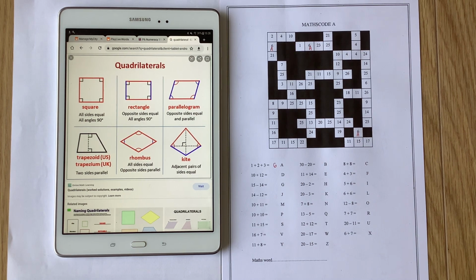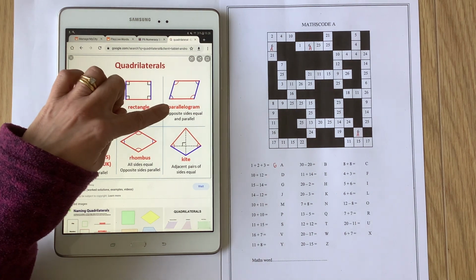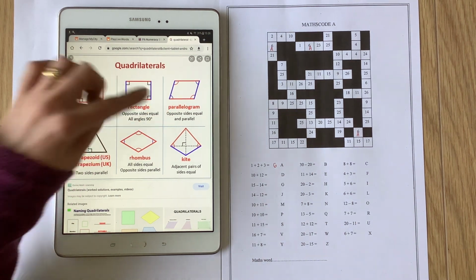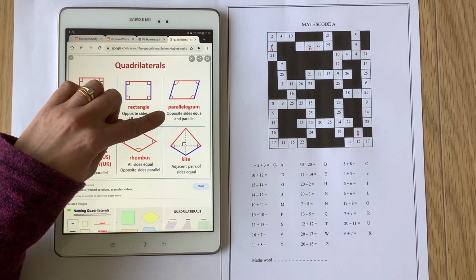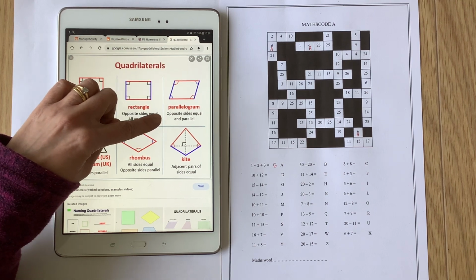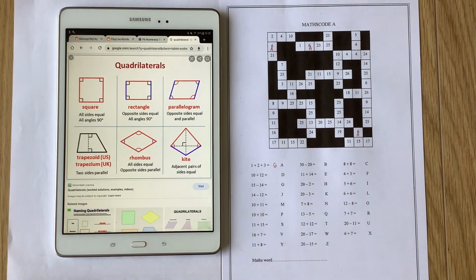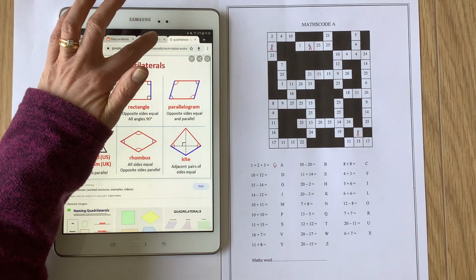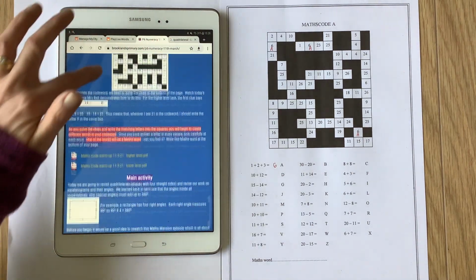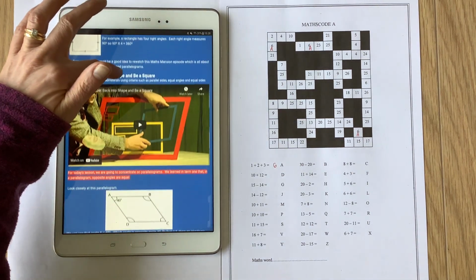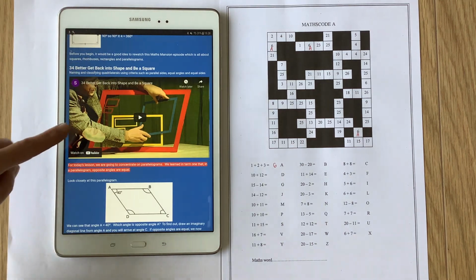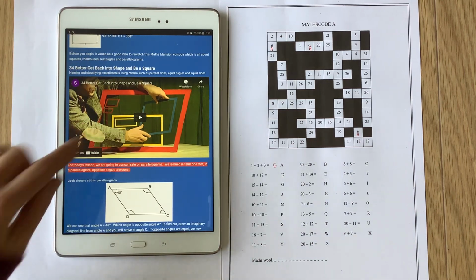Now, the shape we're going to be concentrating on today is the parallelogram. And one of the things we learned about it, apart from the fact that opposite sides are equal and parallel, we learned back in term 1 that opposite angles are equal. Now, what I want you to do today, P6, is before we do any more work on quadrilaterals, I want you to go and watch this Maths Mansion programme.